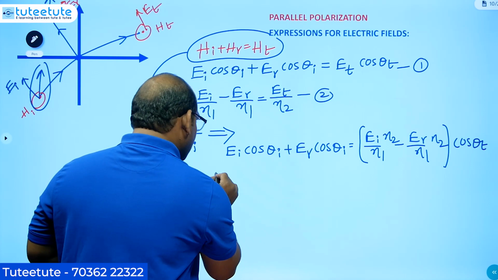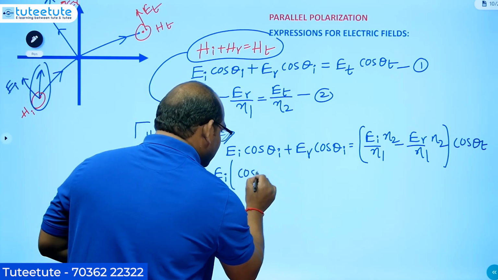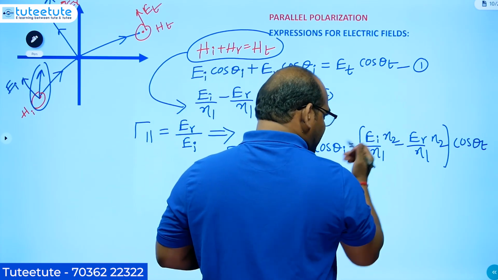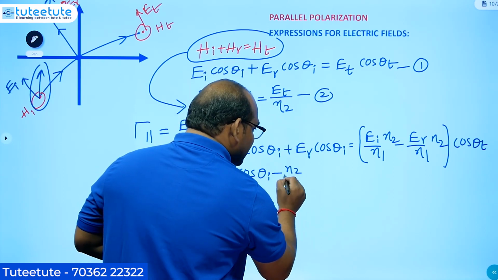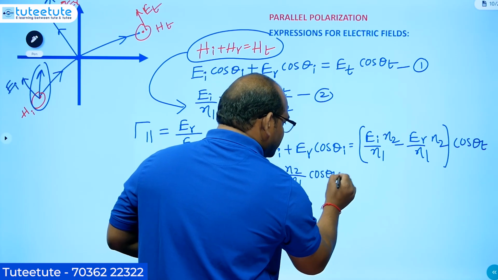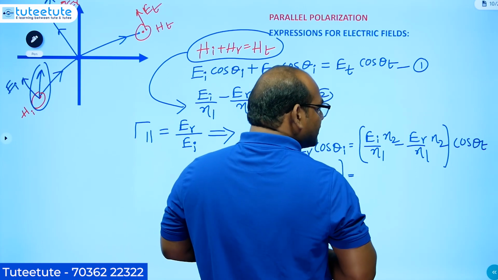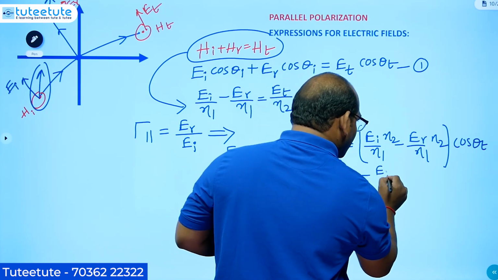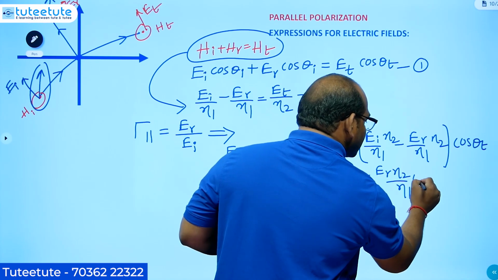So what we will get here: EI times cos theta I, and here also we have the EI term, and it is a positive term. If we send this side, minus eta 2 by eta 1 multiplied with cos theta t. This is about the EI terms, and it is equal to the ER terms, where minus is there: minus ER eta 2 by eta 1 cos theta t.